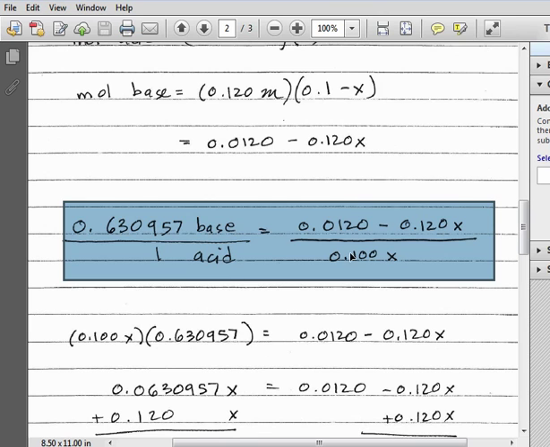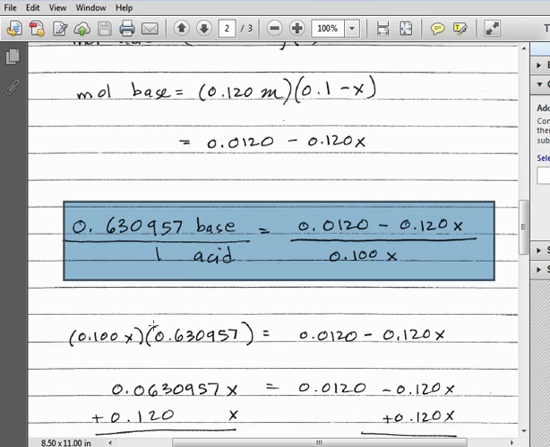So I'm going to cross multiply my 0.1x times 0.630957. So that's right here. And then I'm going to cross multiply this 1 times 0.0120 minus 0.12x, which of course 1 times anything is itself. So that's how I get this equation down here.